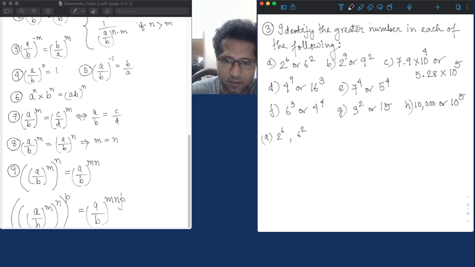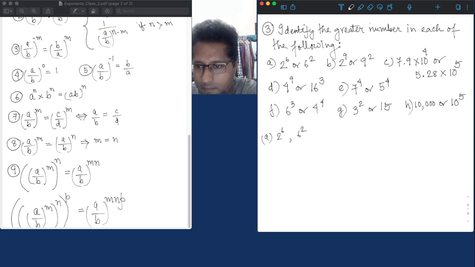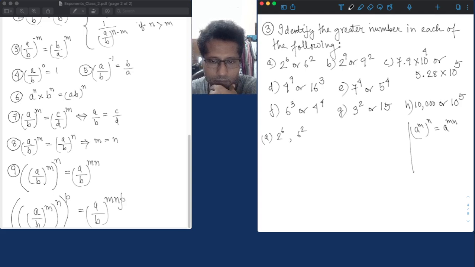We apply this concept that a to the power m, again to the power n, equals a to the power mn. Applying this concept, let's see if we can convert these two exponents so that they have the same power. The first one is 2 to the power 6.